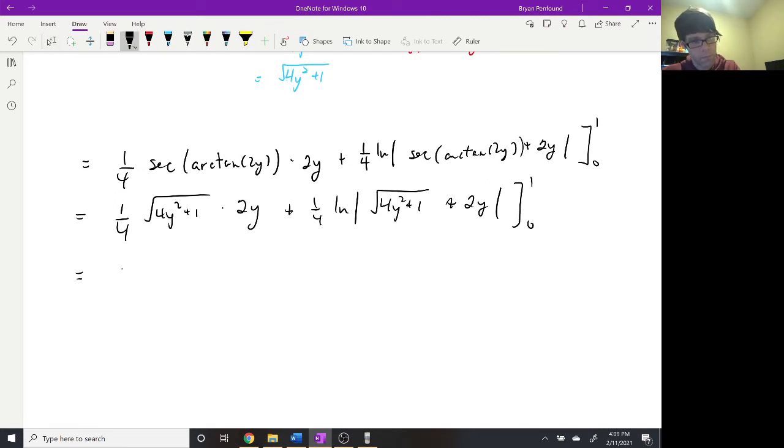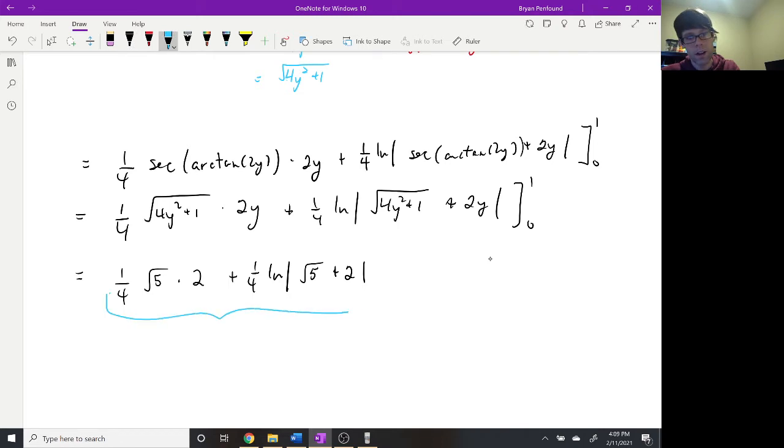So subbing in y equals 1, we get 4 plus 1, which is square root 5, times 2, plus 1/4 logarithm of root 5 plus 2. All of this is y equals 1. Then we need to subtract y equals 0.